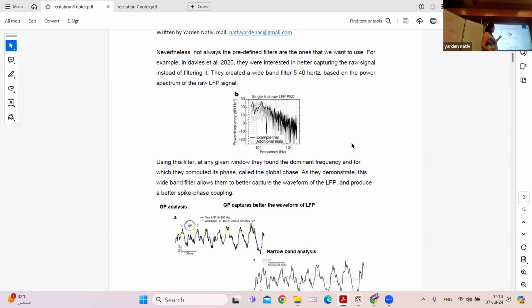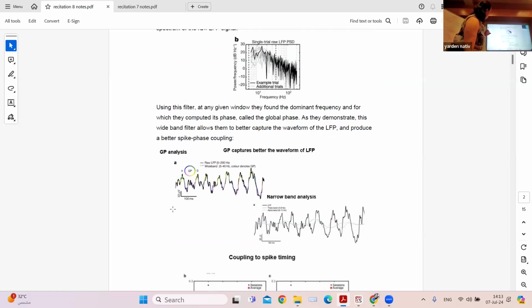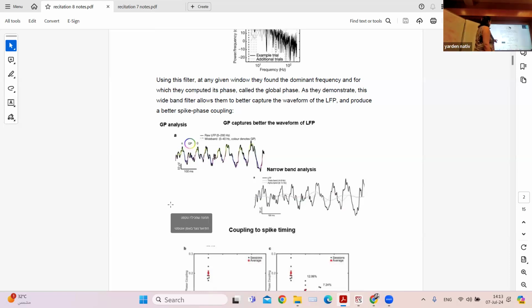And then at any given window, they had, okay, the general phase is not that important because we won't talk about it. What we can see here is their filtering, never mind about the colors.